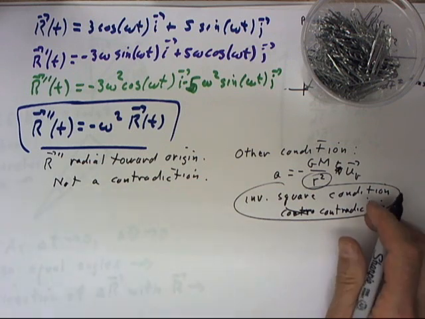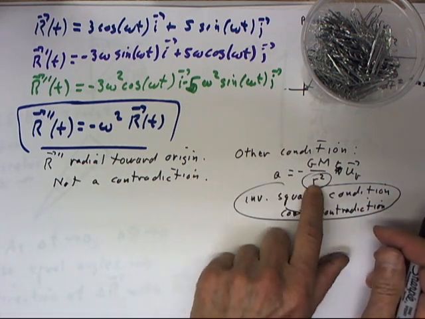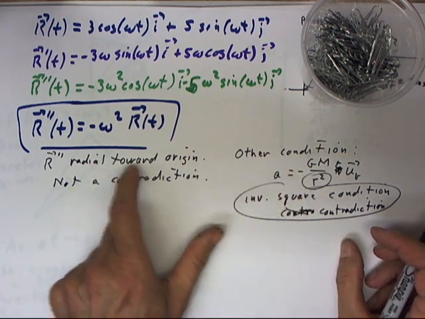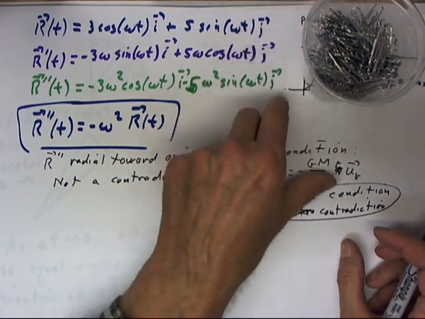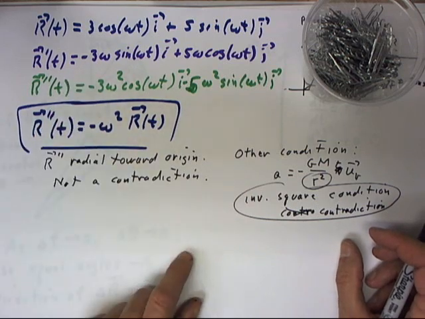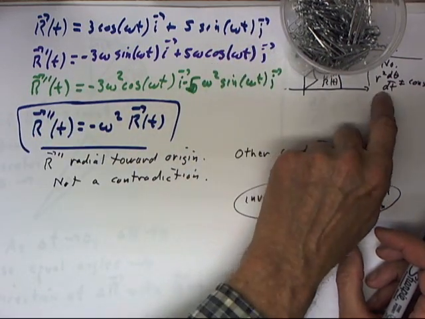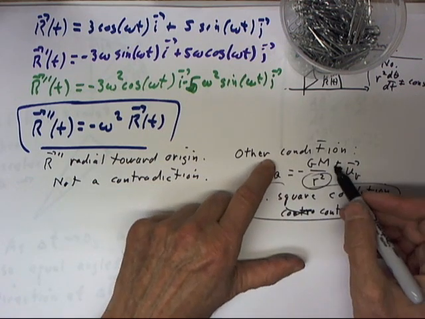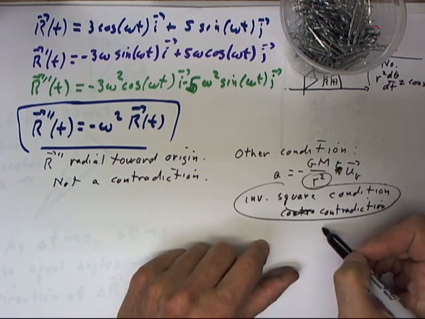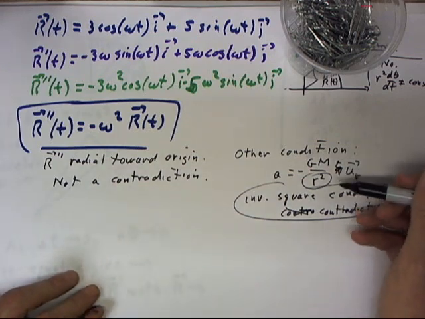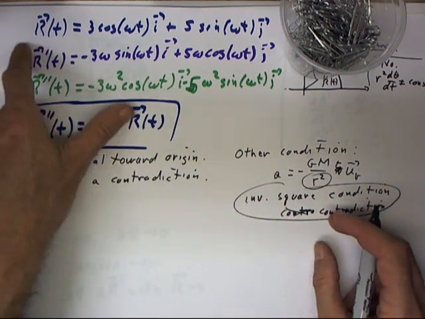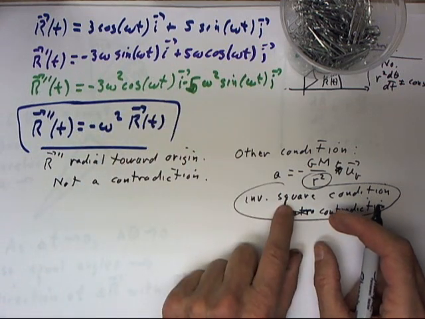These are the only two conditions: it's radial, and it's an inverse square. If these two conditions hold, then this is a possible orbit. But since we know that the necessary condition does not hold, this force will not be an inverse square. And we could go into the calculations, and we might come back to this later and show that this force does not result in an inverse square.